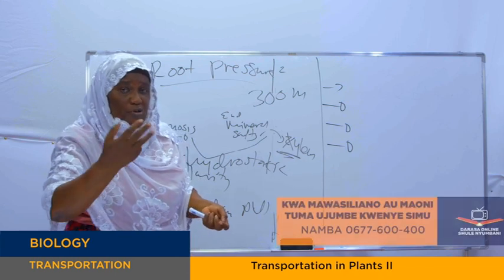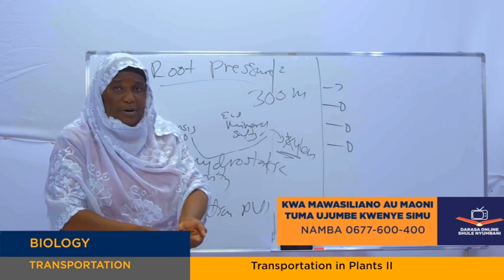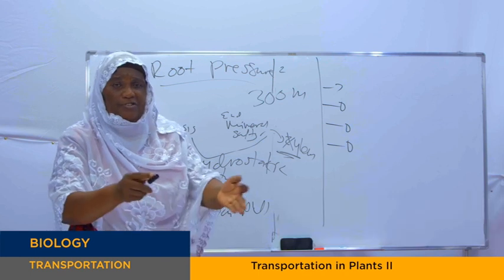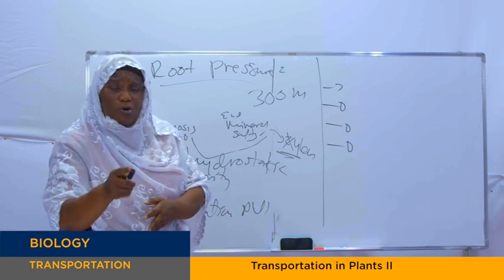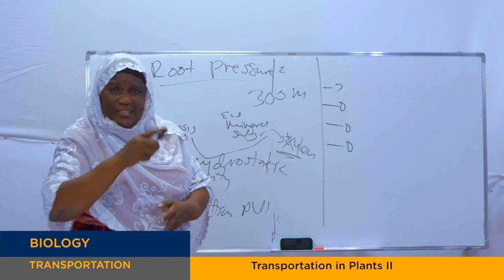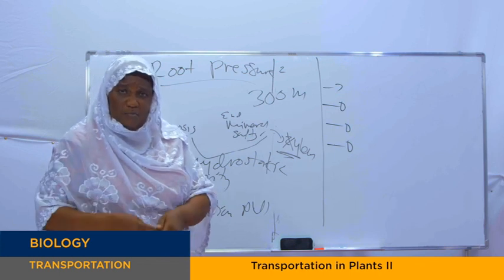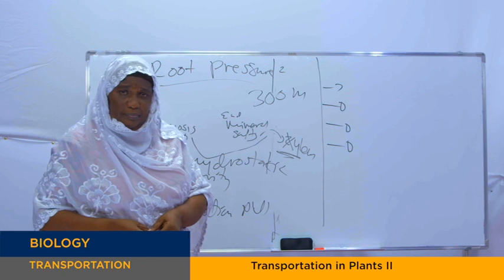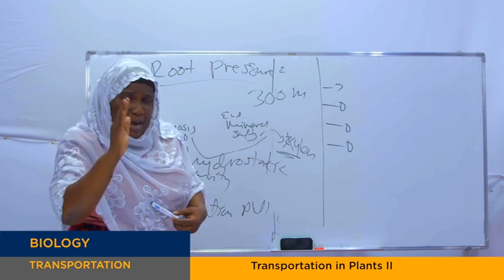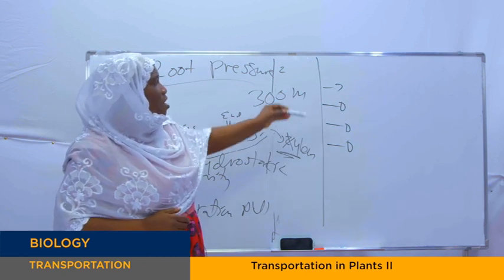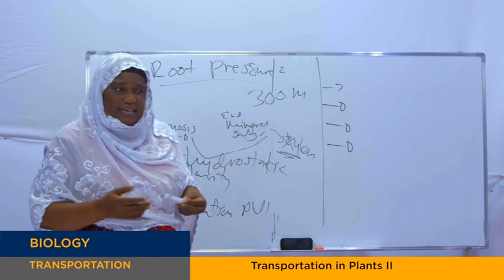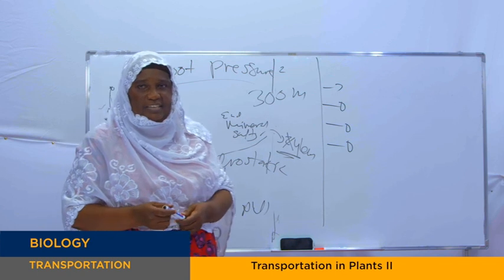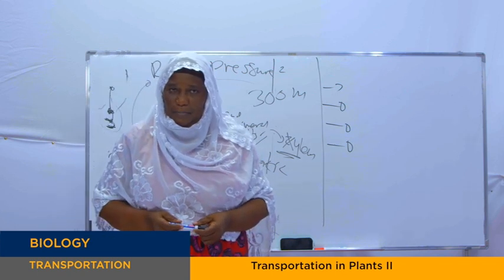The forces which I'm talking about are root pressure, capillarity, and the transpiration pull. Now I'm asking you, are you able to explain those forces governing upward movement of water? If you managed to achieve all those 4 objectives, then I can say that my presentation is successful.